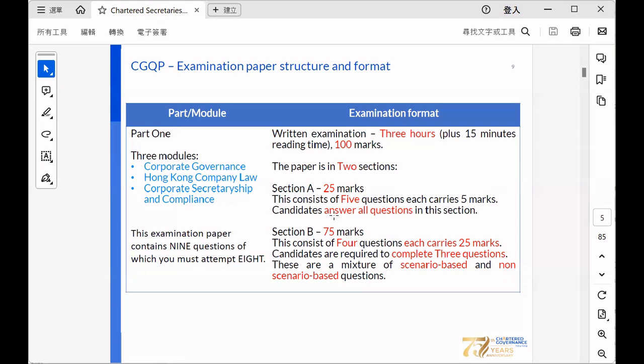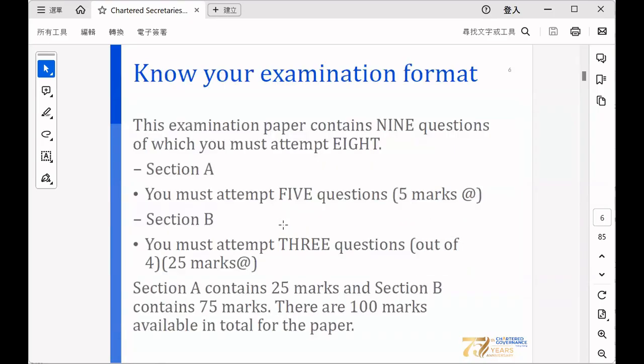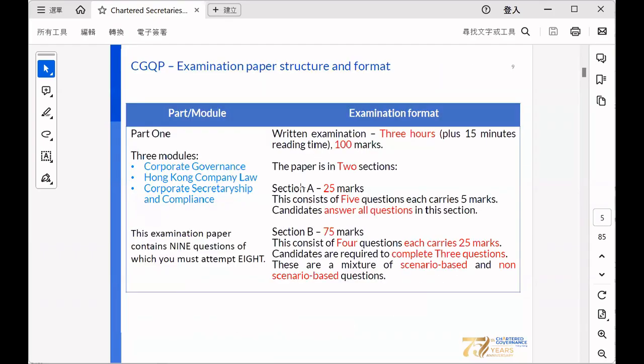You have to answer those problem-based questions. So section A is compulsory, and in section B, you have to answer 3 out of 4 questions.